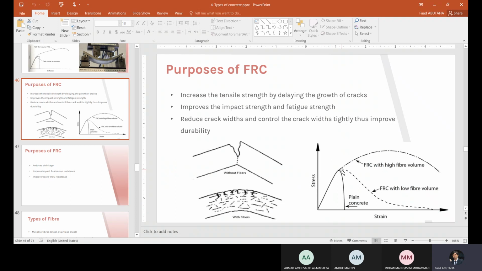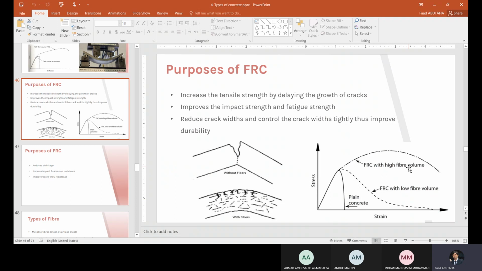In order to improve its failure behavior, to make it a more ductile material, we use steel fiber. This is the plain concrete that has no fibers inside, and these are the other two mixes that contain either a low or high amount of fiber.